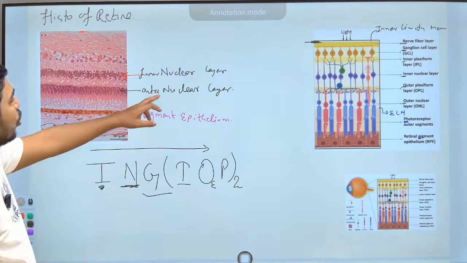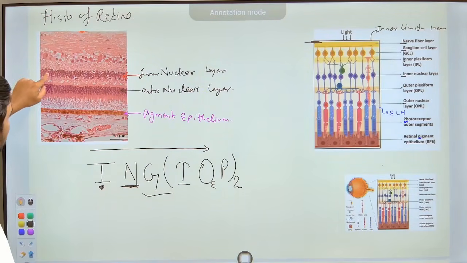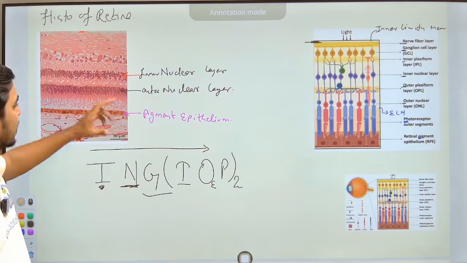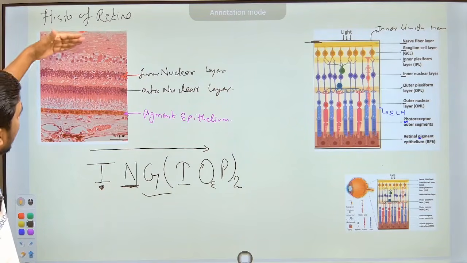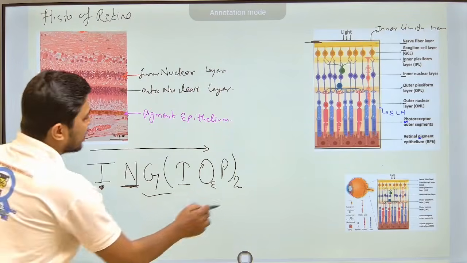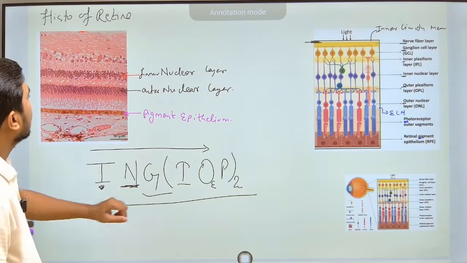When you know this is the inner nuclear layer and this is the outer nuclear layer, just by seeing the round nuclei you can tell the other layers using the mnemonic.